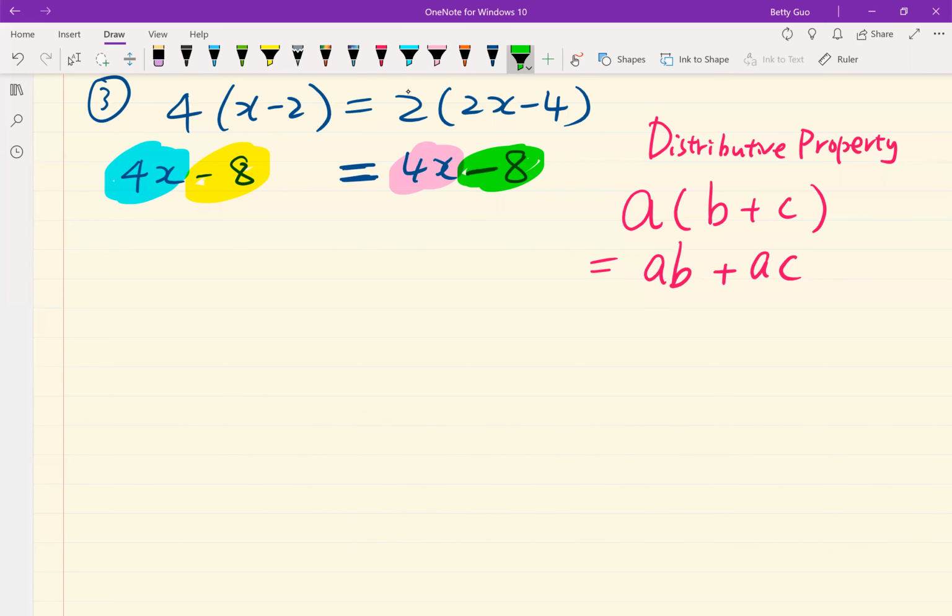And step 2, we are collecting the variable terms on the left. So the blue one stays, and then we move the pink term over. 4x becomes negative on the left. I hope you see this.